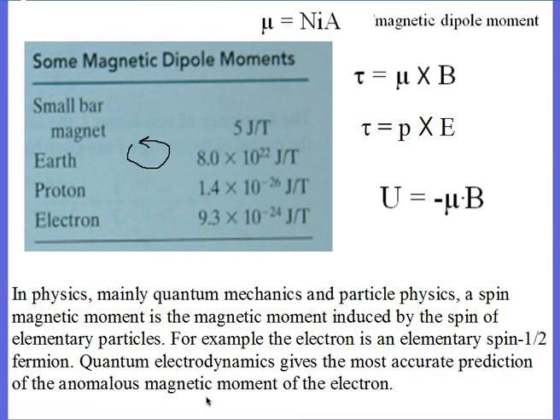So here, if you want to read it, is this text from Wikipedia talking about the elementary spin of 1/2, hence a fermion. I should have remembered that. And from this, they come up with a magnetic dipole moment.